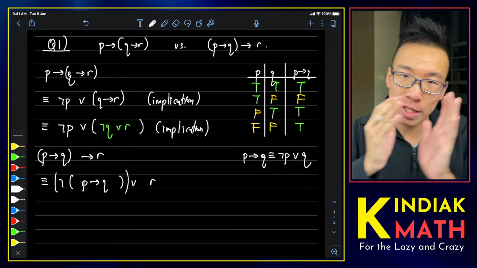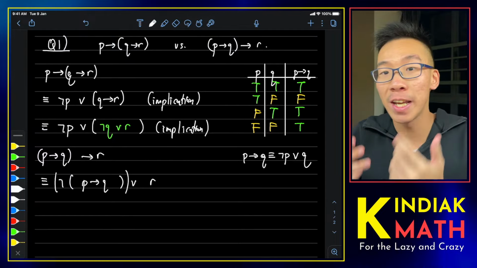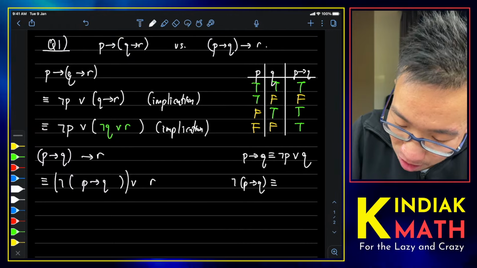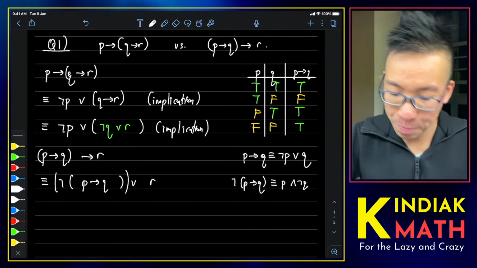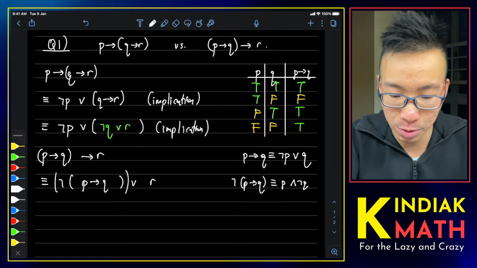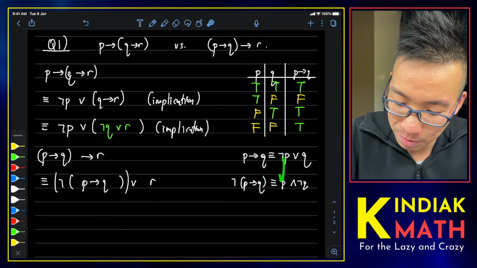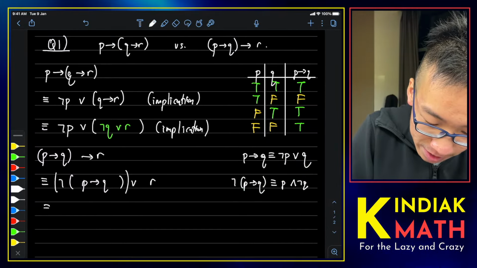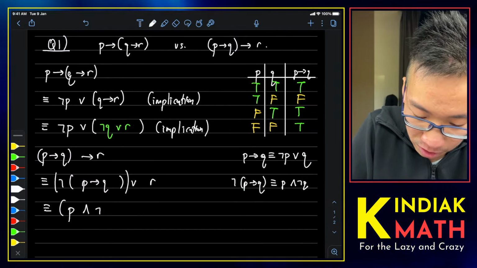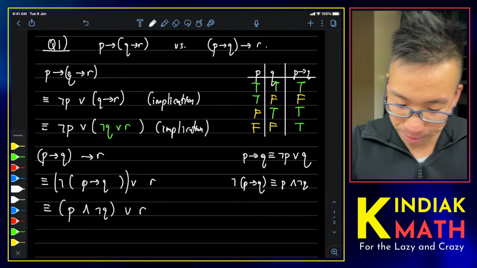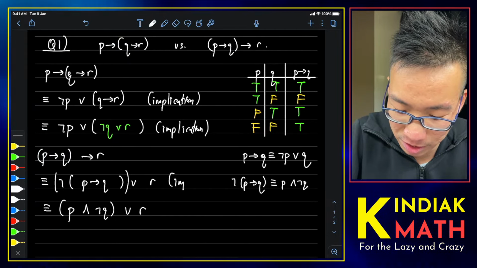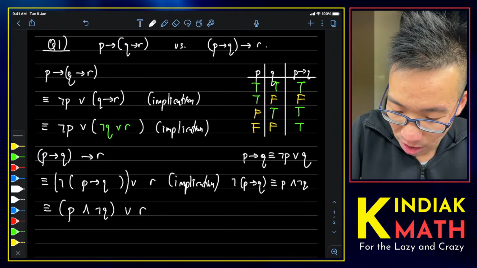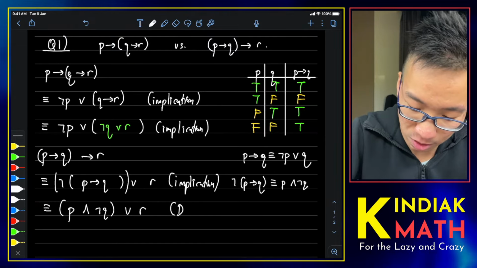However, in the expression on the left, we are negating an implication, and we can actually use De Morgan's laws to show that the negation of P implies Q is precisely flipping all of these terms here, which means we can write this as P and negation of Q or R. We can write this as implication. Oops. And we can write this as De Morgan's laws.